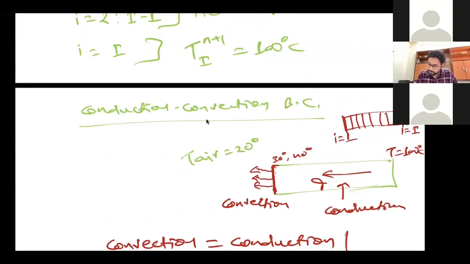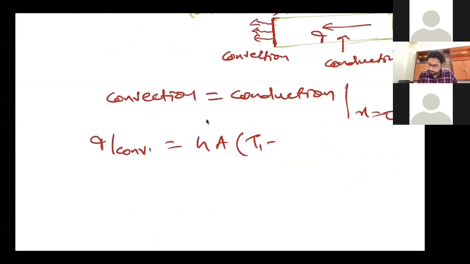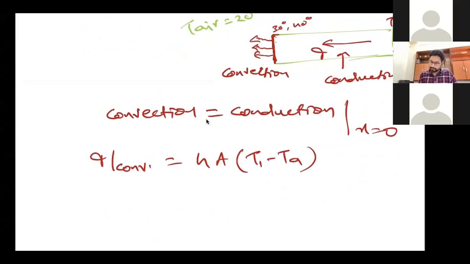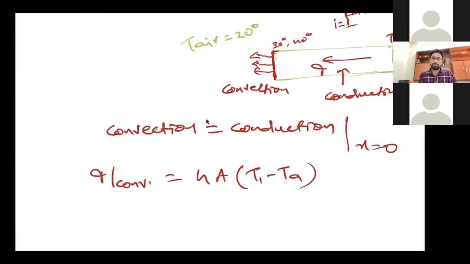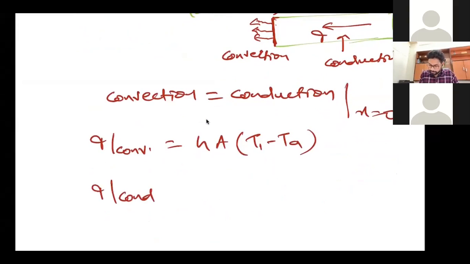So we call it T1. So T1 minus T air, that is the heat transfer that's going from the wall to air. Okay, and then we have Q conduction, and that must be equal to k A dT by dx, right?